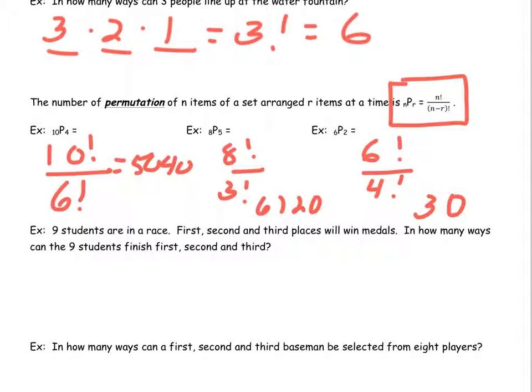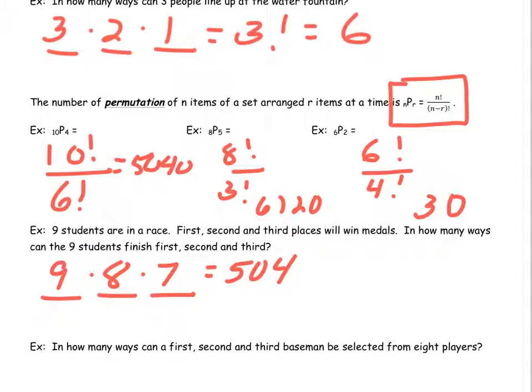Now, we can use this nPr formula for problems like the next one. 9 students are in a race. First, second, and third places win medals. How many ways can 9 students finish first, second, and third? If we do this the old way, there's 9 people that can win first, 8 that can win second, 7 that can win third, and that will come out to 504 different ways.